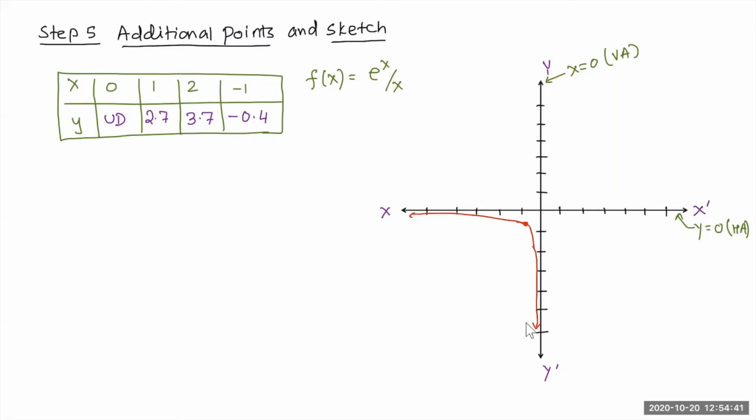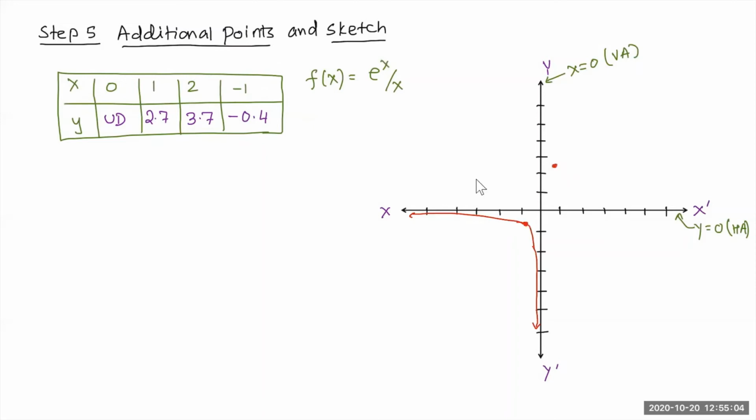At 0, we have the vertical asymptote, we know that. Now let's take a few values here. Suppose when x equal to 1, we have 2.7. So when we have 1, the value is 2.7, somewhere there. 1 and 2.7 is that dot.